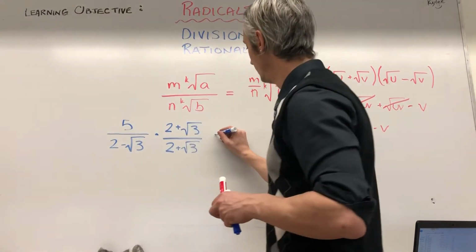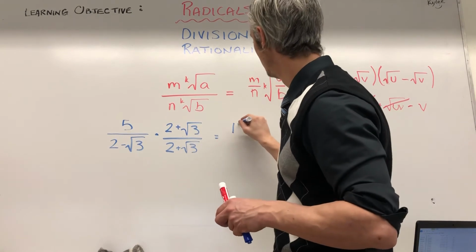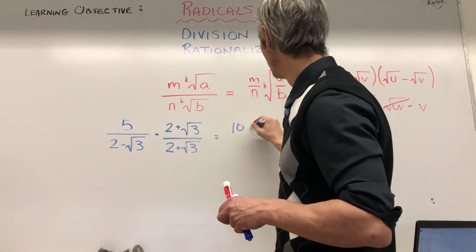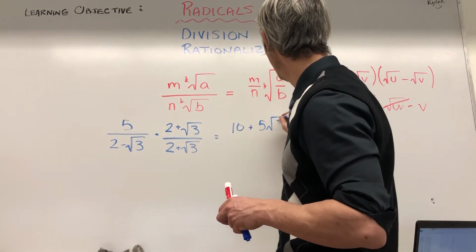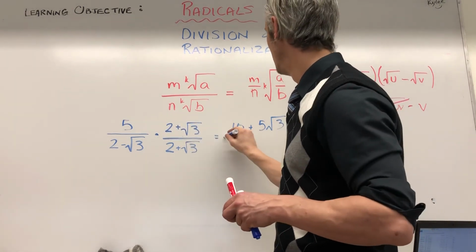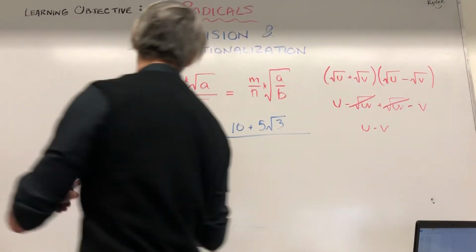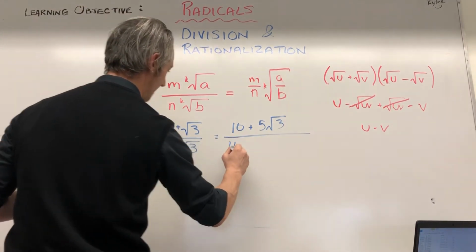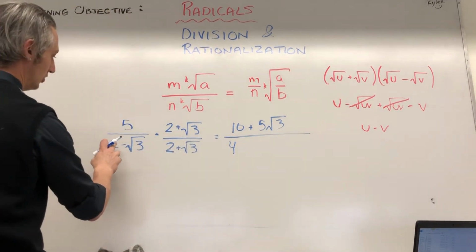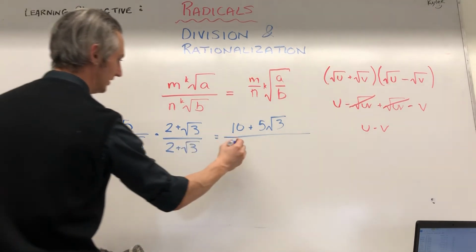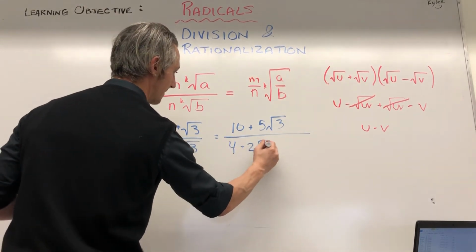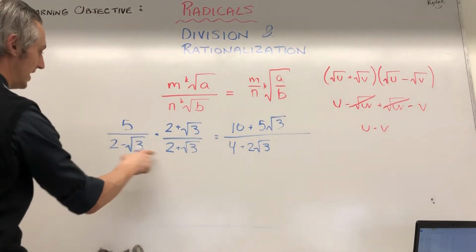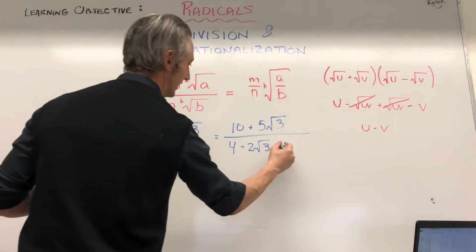So the top will be 10, and then 5 times root 3 plus 5 root 3, because this is a binomial. And then it will be divided by, I'm going to get 2 times 2 is 4. And then I'm going to get 2 times root 3 is plus 2 root 3. And then I'm going to get minus root 3 times 2 is negative 2 root 3.